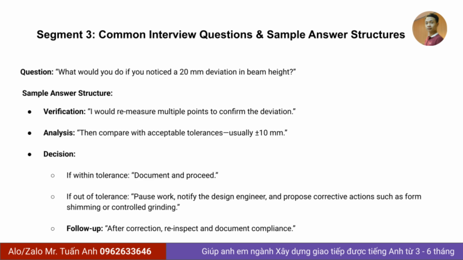If out of tolerance, pause work, notify the design engineer, and propose corrective actions such as form shimming or controlled grinding. Follow up. After correction, re-inspect and document compliance.